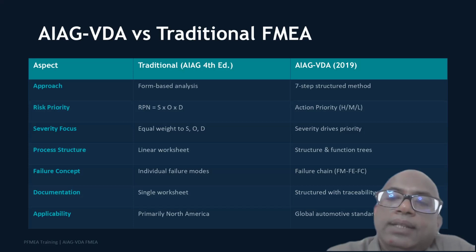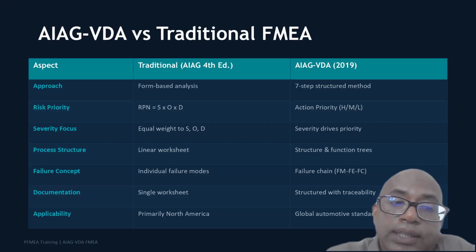That's why I'm telling you that while you are doing the new version, you cannot directly prepare the FMEA table, FMEA chart or a spreadsheet. You have to do a lot of activities before that. Therefore, this is important.